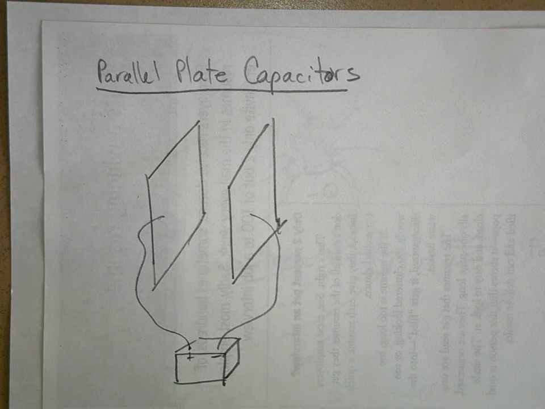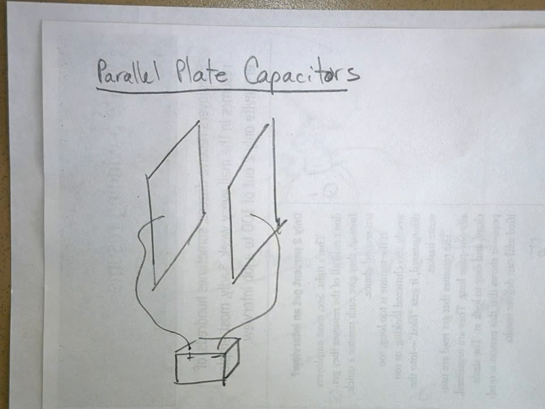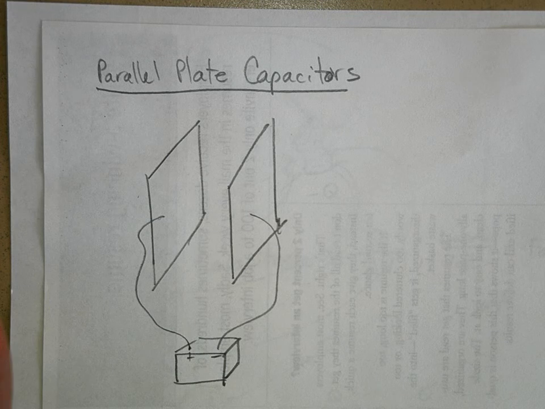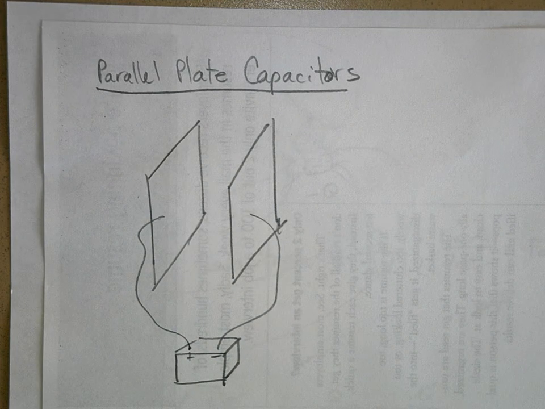Oh, by the way, I drew them as squares, but they can be amoebas as long as they're flat and parallel to each other. The distance between them is one. What's the other? The shape of the plate, or the area. Those are the two things I can change.